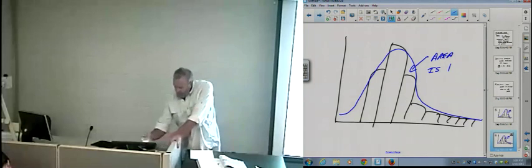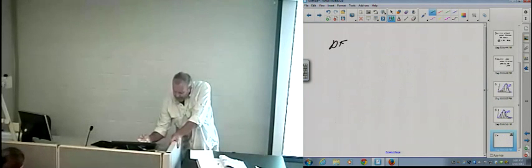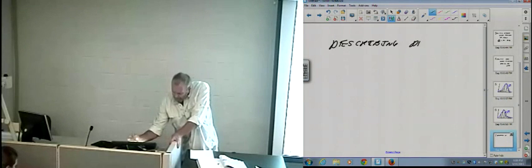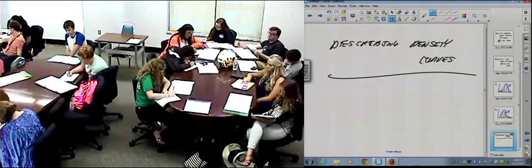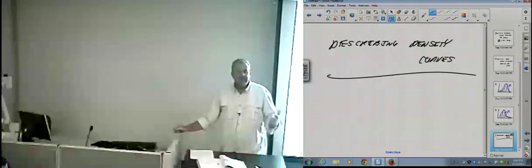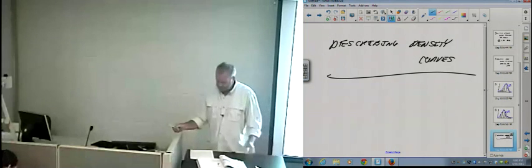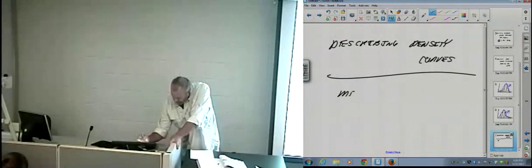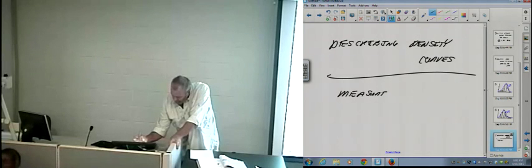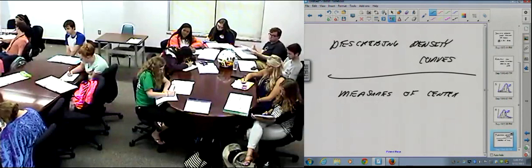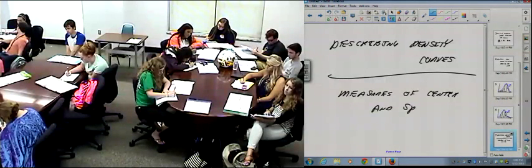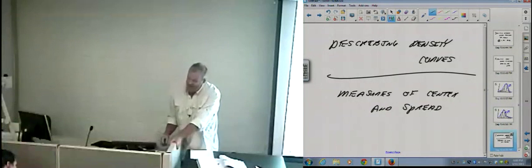Now, what about describing density curves? Translation, a density curve has measures of center and spread. Just like a histogram, you can measure center and spread.